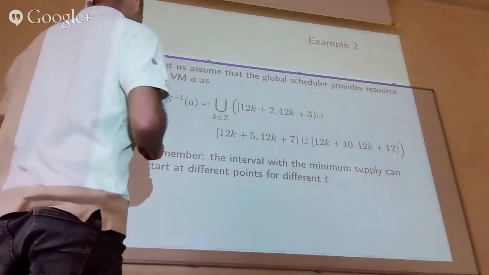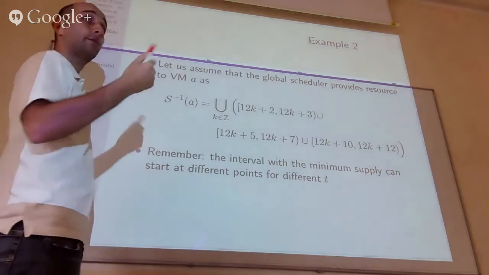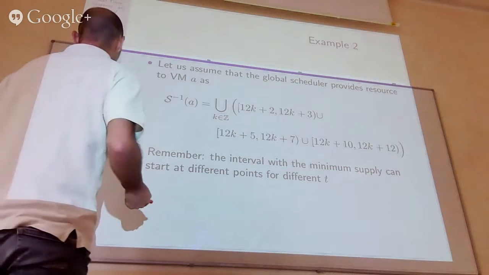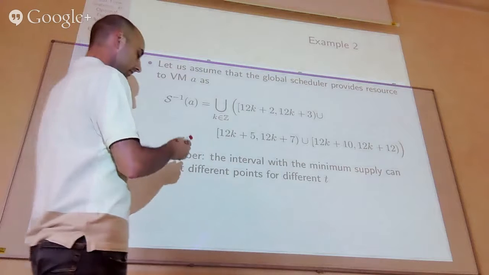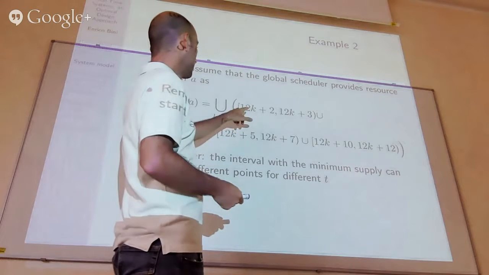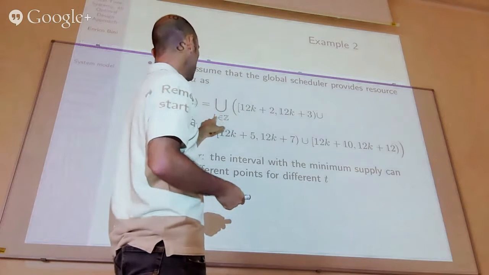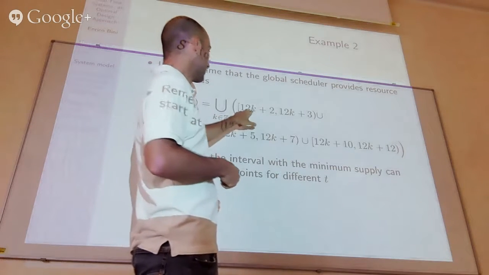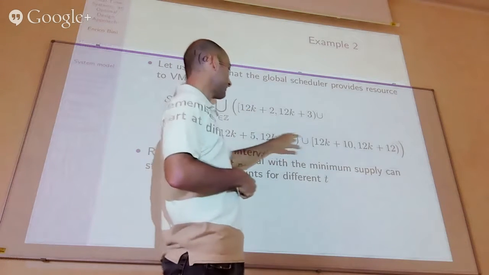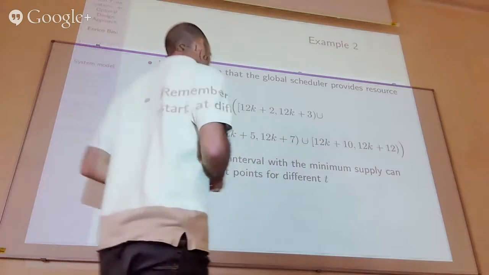Here we are considering again a static partition of time, which has a period of 12 in this case, because you see here basically we are making the union over k, all the integers. So we have 12k, so everything is periodic by 12.